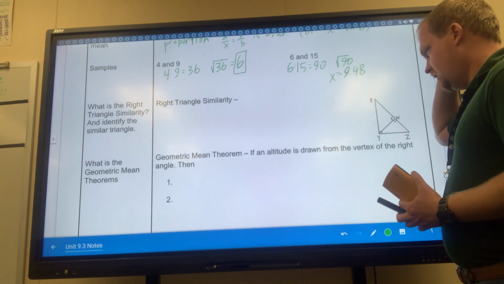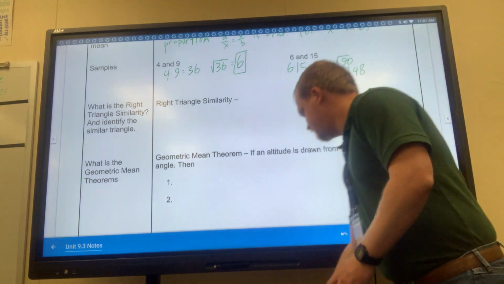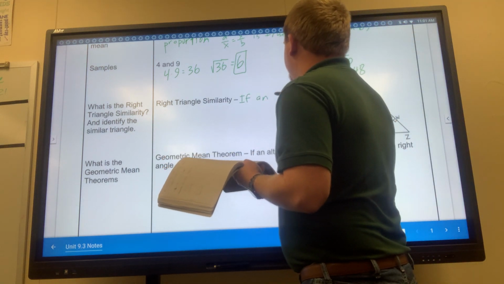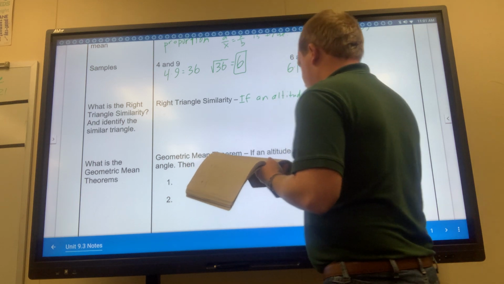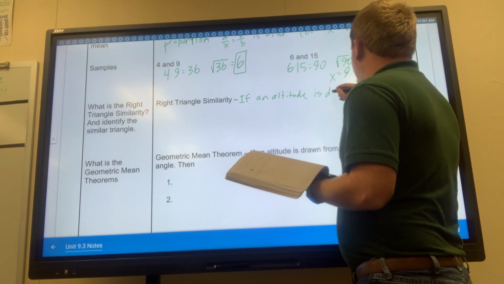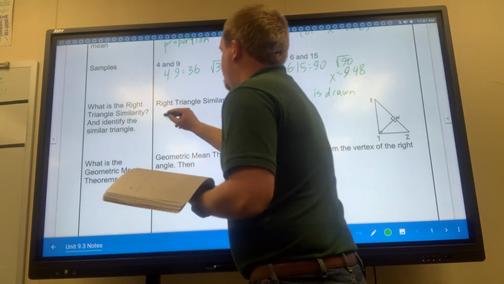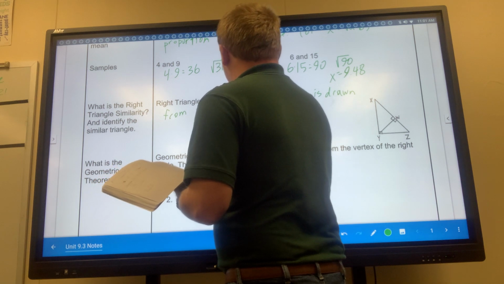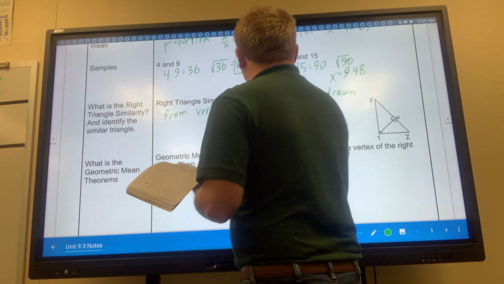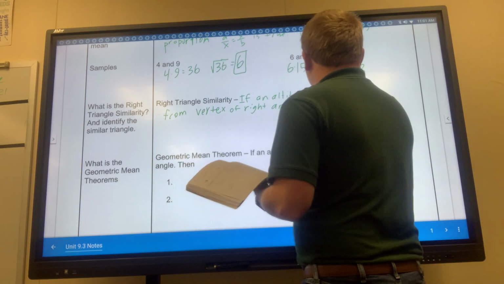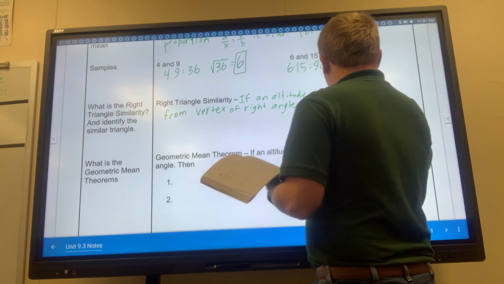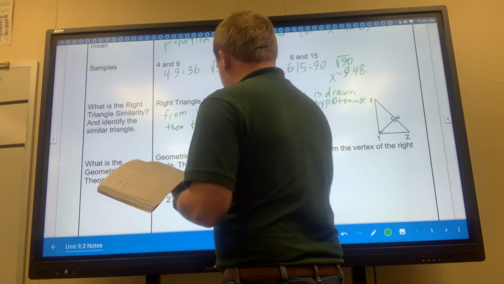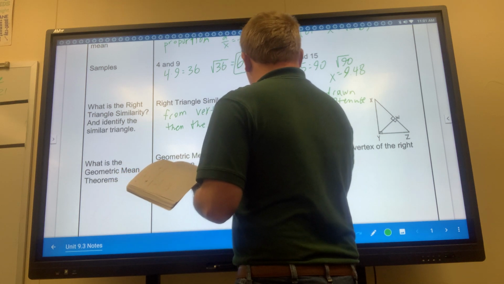Now, let's talk about right triangle similarities. If an altitude is drawn from the vertex of the right angle to the hypotenuse, then the two triangles are similar.